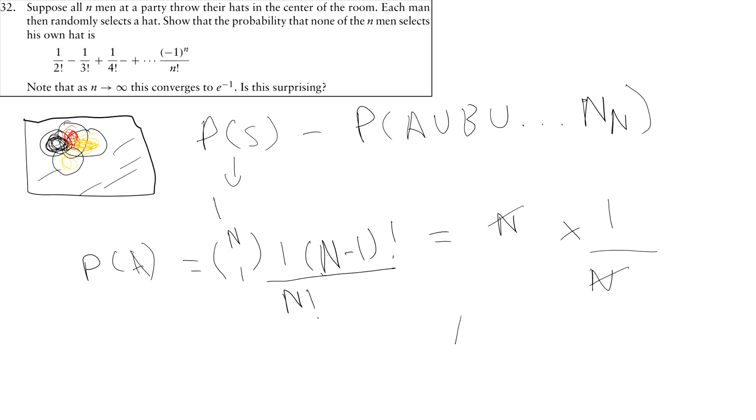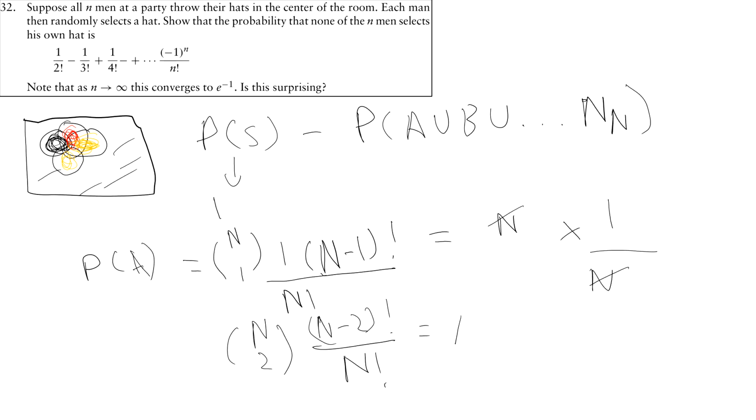Now we have to remove the redundant part, where 2 are correct. The number of cases where 2 are correct is (n minus 2) factorial by n factorial.